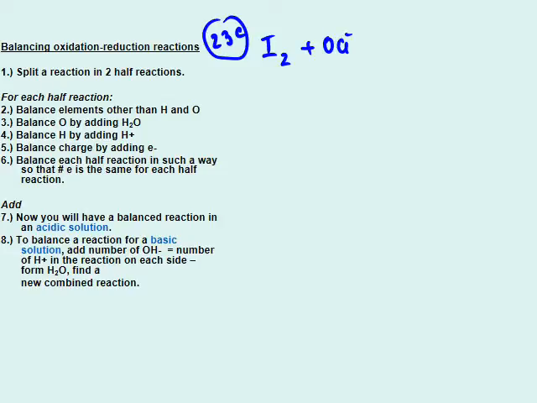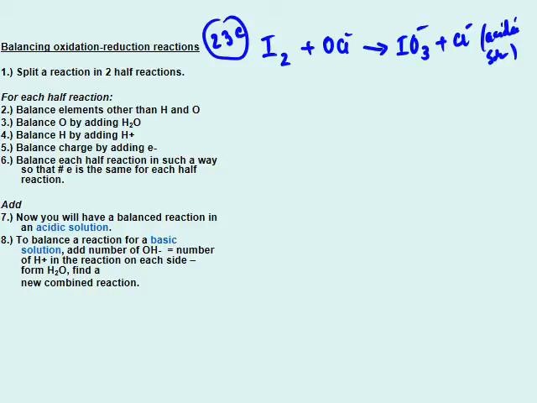I selected the same slide where I have the rules because that way you can understand it better. In the next couple of slides, I will be doing additional problems, but this one is important as I go over each rule and show you how to apply the rule. So this is the reaction. The question is to balance it in acidic solution.